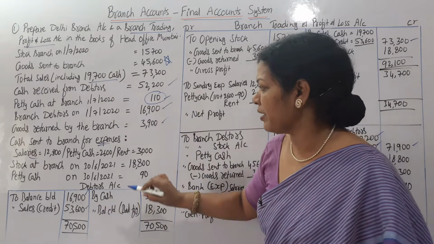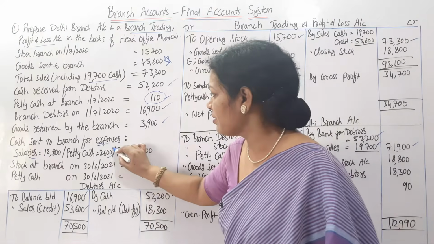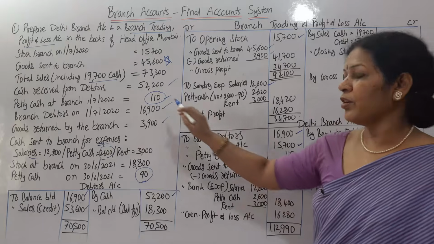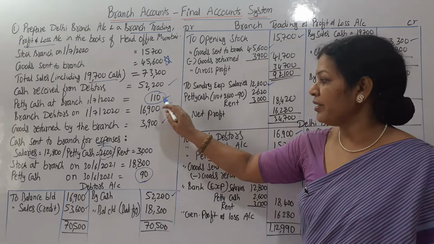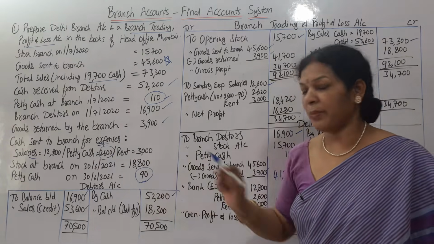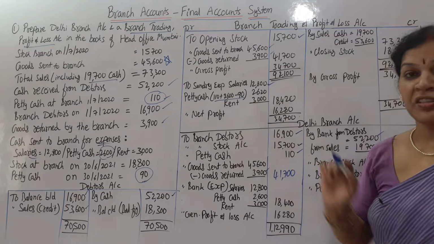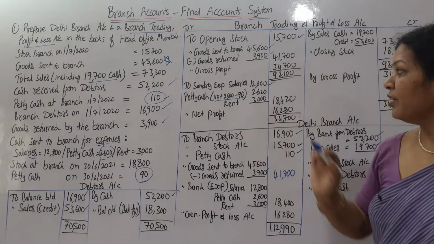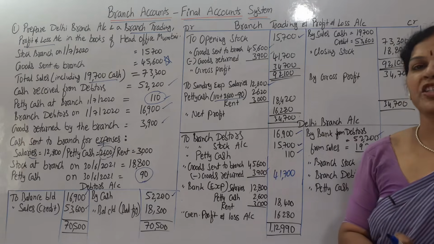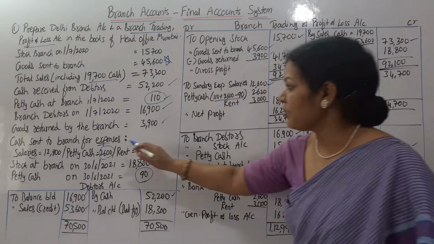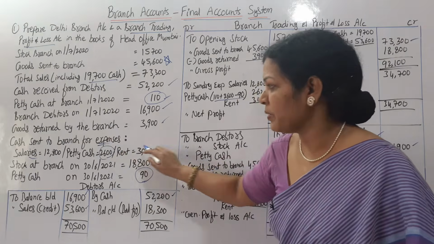Opening balance is 110, and here it is 2600, closing balance is 90. So what we are going to do: 110 plus 2600 minus 90. So you are getting exactly the petty expenses this much. Okay, petty expenses are over.